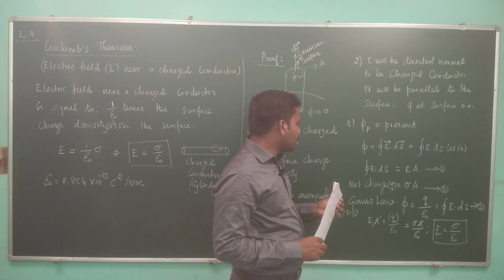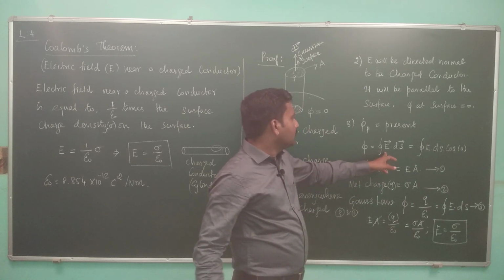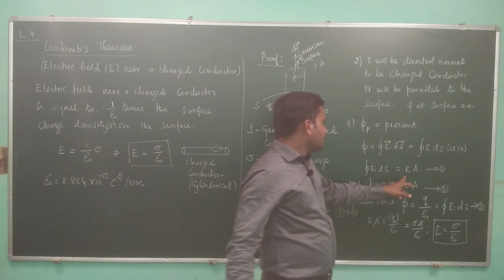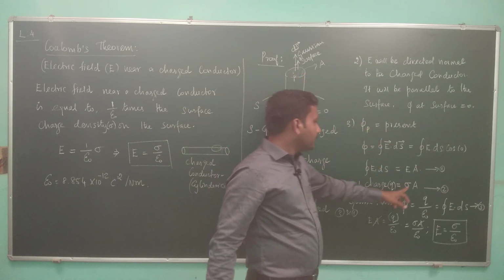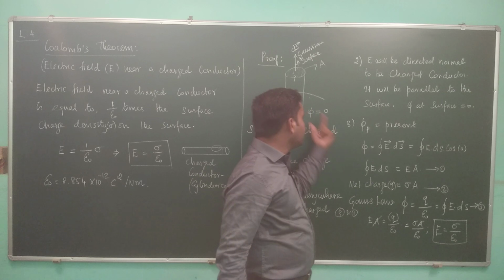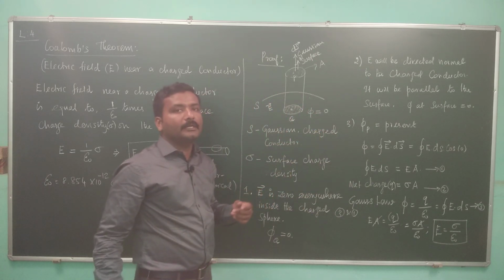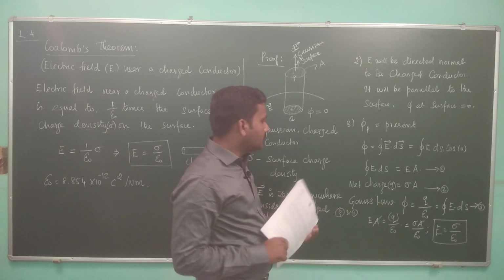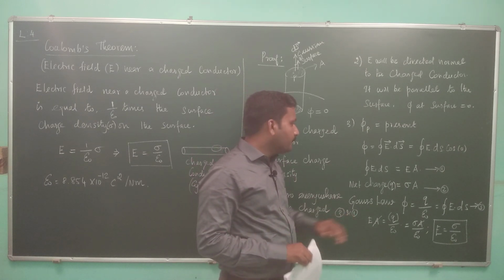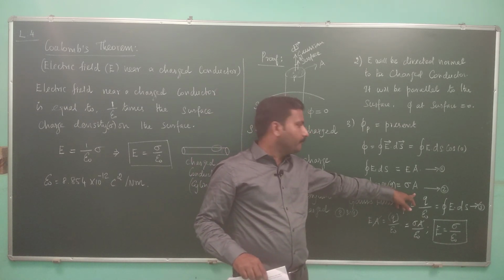If you write the equation for flux, which is the closed integral of E dot ds, that becomes the electric field multiplied by the cross-sectional area, which is equation 1. The net charge at the surface area A is nothing but the charge per unit area, the surface charge density, multiplied by the total area.